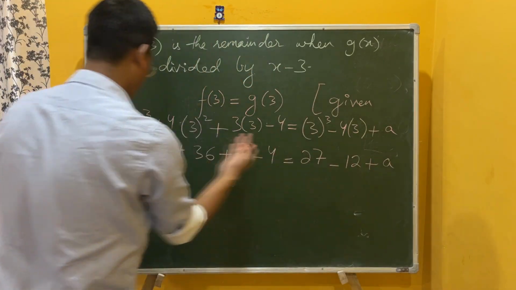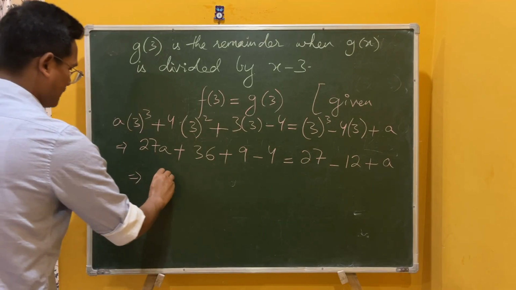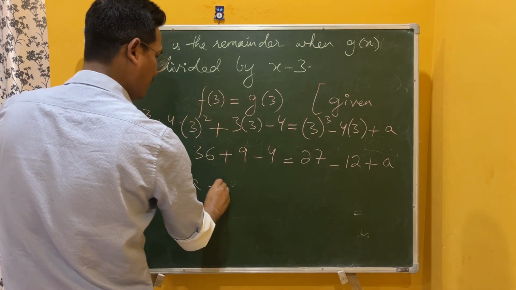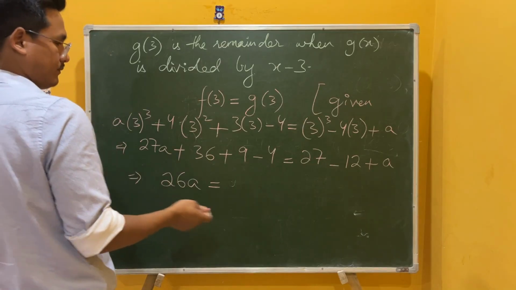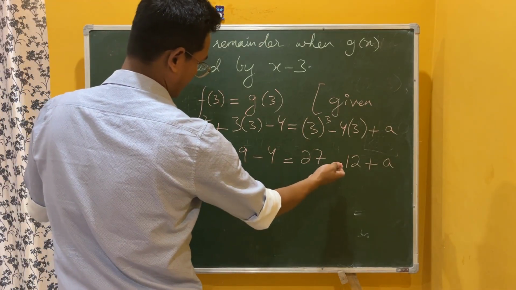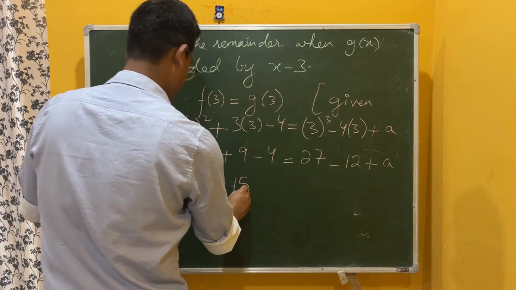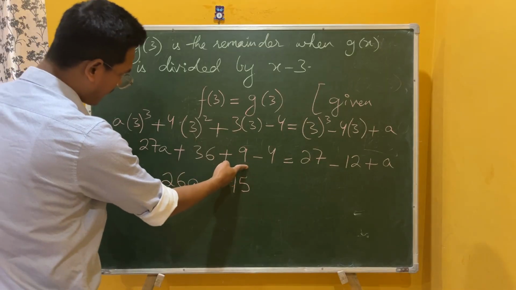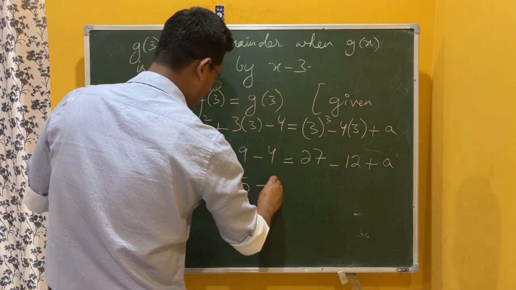So if you bring this a to your left hand side, it is 26a equals 27 minus 12, which is 15, and out here it is 9 minus 4 is 5, 5 plus 36 is 41. You send that 41 to the other side.